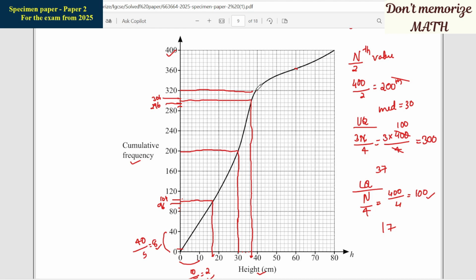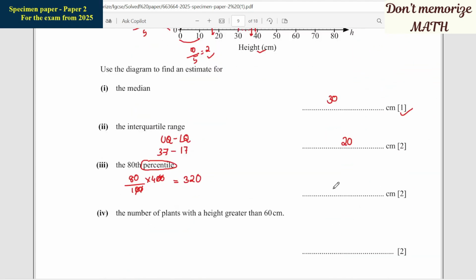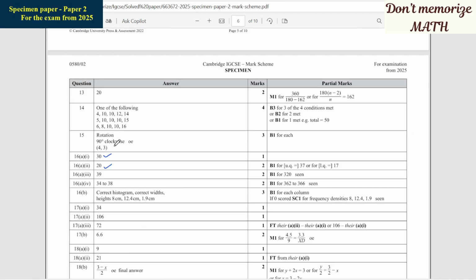It is just before the dotted line. You can just see it properly. So you will get the point almost just before 40. So you can write 39. Okay, just before 40. So the 80th percentile is 39. Okay, so the answer is correct.